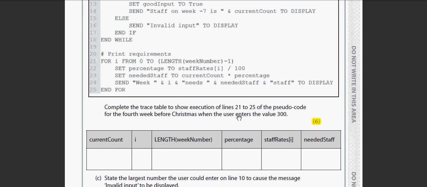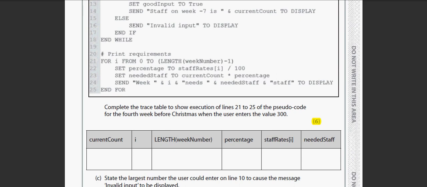If you've not seen the videos for the previous questions, 3A and 3AI and II, then I suggest that you do, because spending a significant amount of time looking at the pseudocode, analysing what it means, taking it line by line, means that as you go through the questions, we're now on question B, you get a better understanding of what's going on, rather than the questions just getting harder. If you get this far and you still haven't got a handle on what's going on within the pseudocode, then you're putting yourself at a real disadvantage.